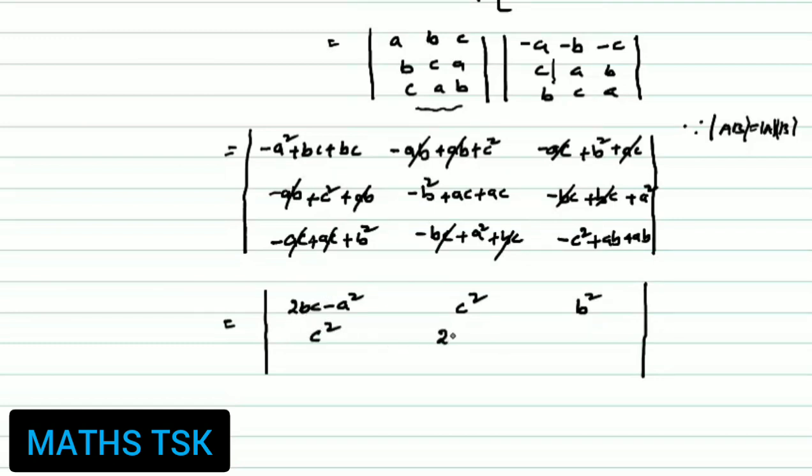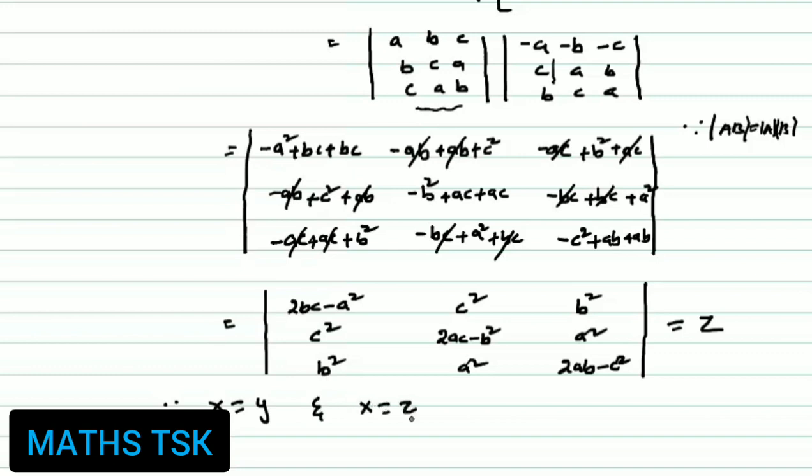Next is 2AC minus B square, and then A square, and then B square, A square, and then 2AB minus C square. I consider this as Z. Since X is equal to Y and X is equal to Z, I can conclude that X is equal to Y is equal to Z, or X is equal to Z is equal to Y.